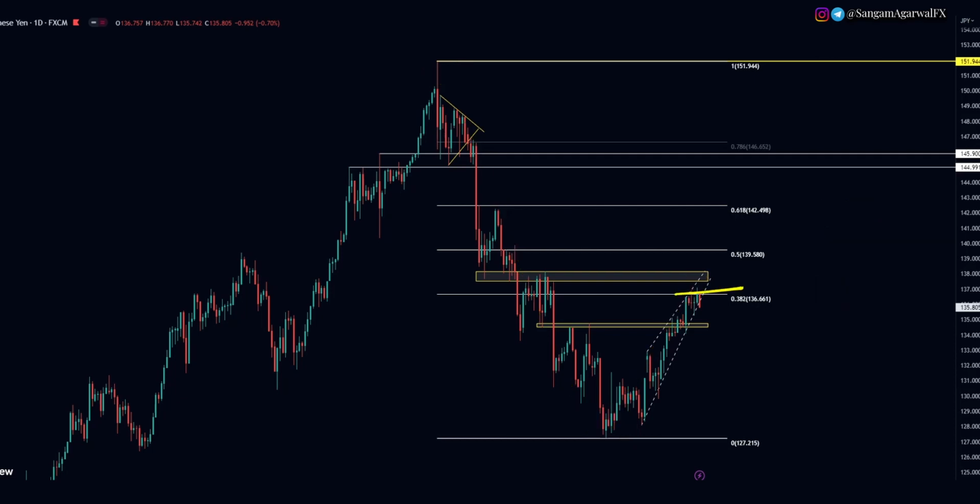So the retracement is done and it is now at a resistance zone where you can sell. And if this week it goes up, then next will be 50, but before that this 136 is your key horizontal resistance.